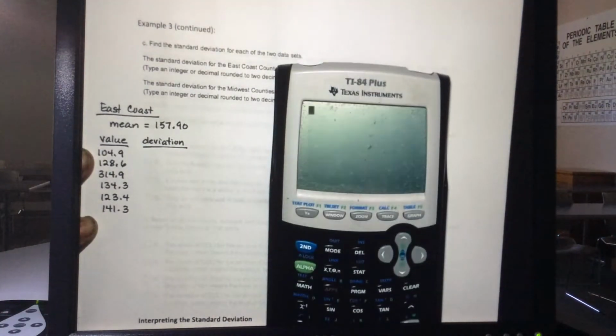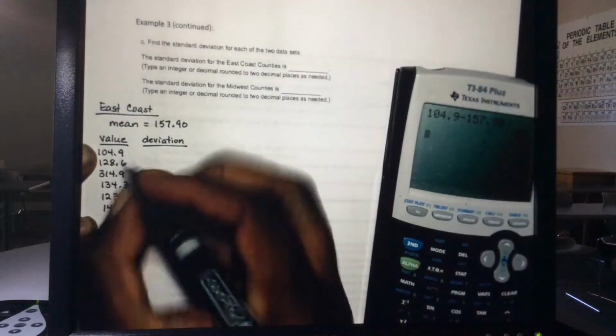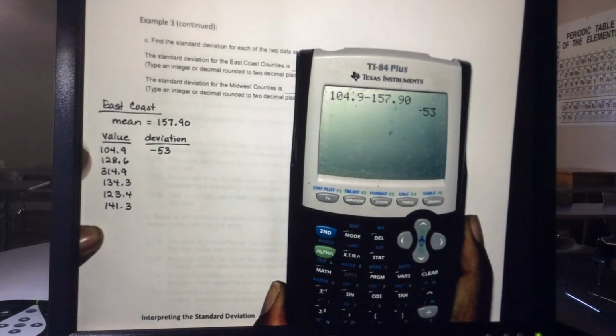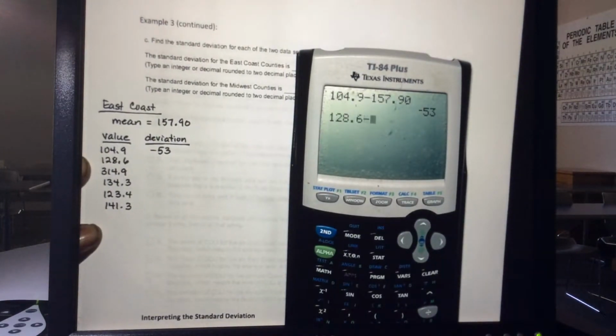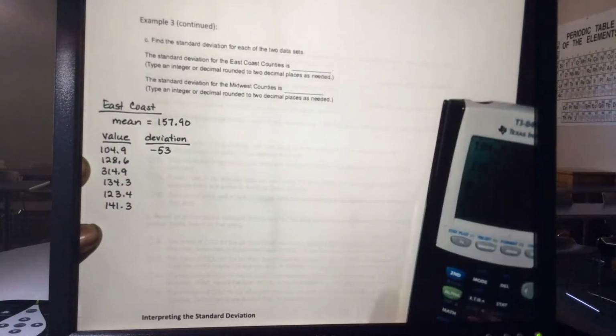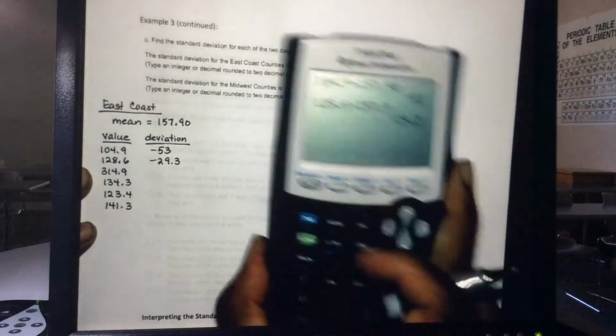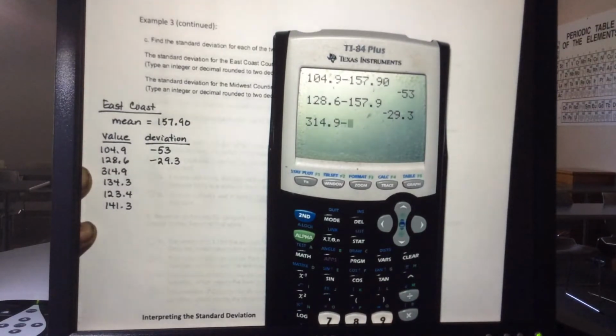So here, 104.9 minus 157.90 will be negative 53. Then 128.6 minus 157.9 is negative 29.3. Then 314.9 minus 157.9 will be positive 157.